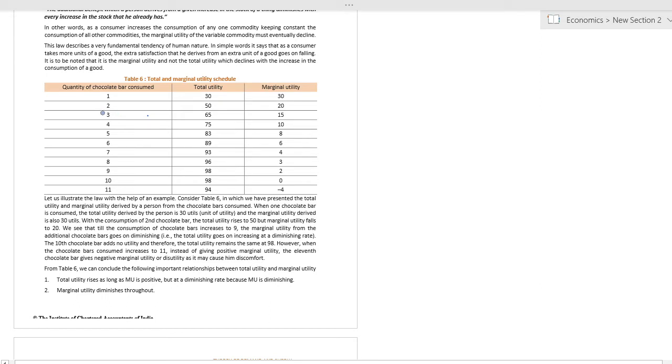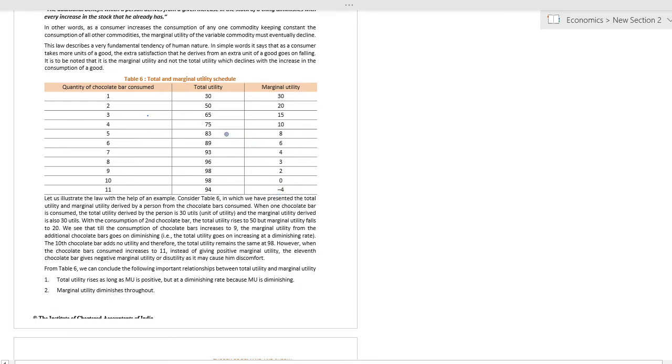When you consume the second one, you got 20. When you immediately consume the third one, you got 15. And when you immediately consume the fourth one, you got 10. After that 8, 6, 4, 3, 2, 0 and negative 4.